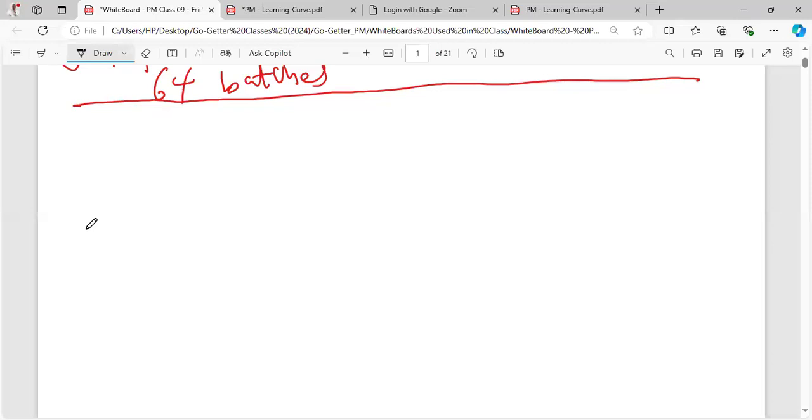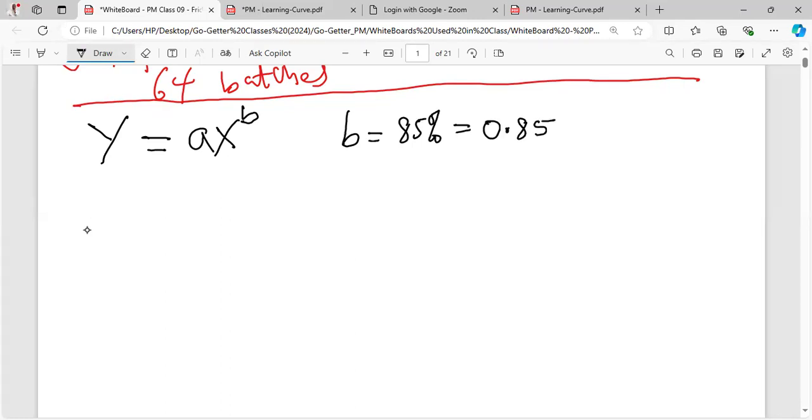This is the formula here: Y is equal to AX raised to power B. We were given B as 85%, which we converted to 0.85. We were also given A as 1,500 hours.